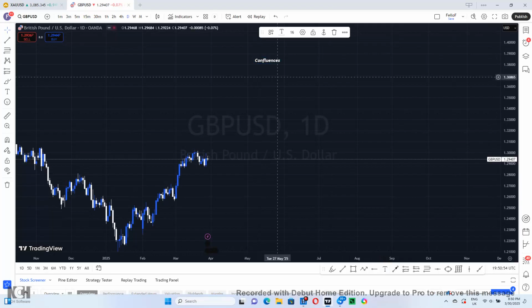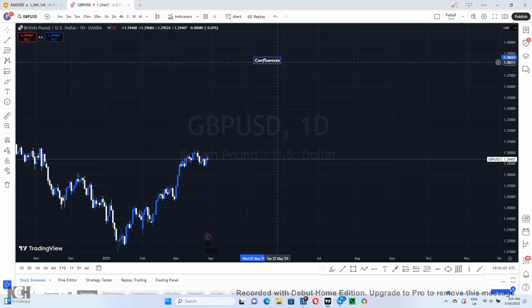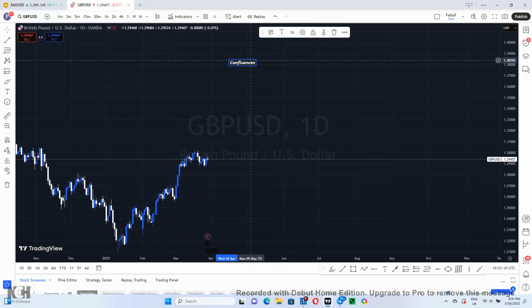So that's it. Now, since we know what we are talking about, what we need to do is figure out what these confluences are that we are looking for. What are the confluences I use when trading? Well, I don't need so many confluences to make my trading decision. It's simple.